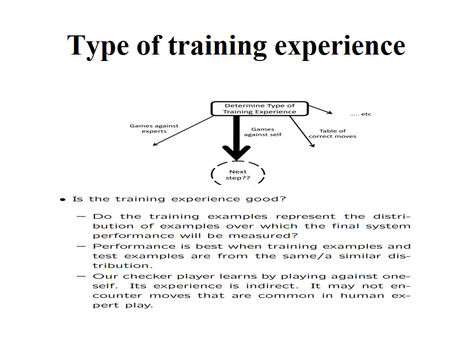But in our checkers, the player learns by playing against itself, so its experience is indirect. It may not encounter moves that are common in human expert play, but it still has the advantage that there is no need of an external trainer, and the system can generate as much training data as time permits.